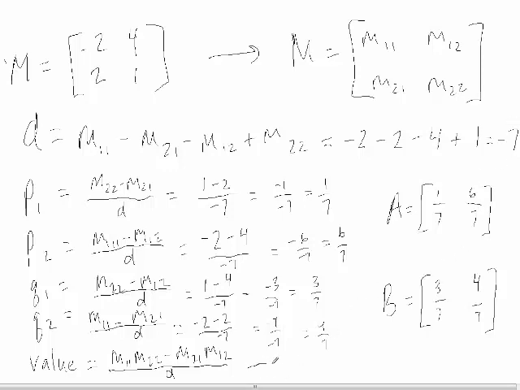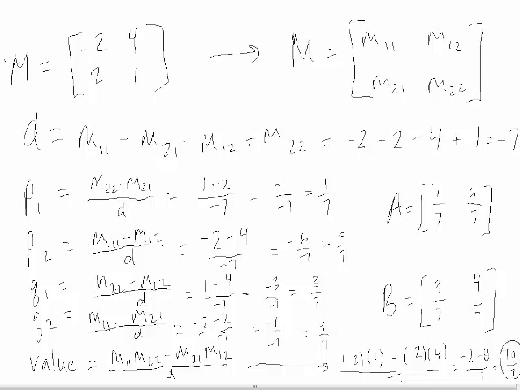And then the value of the game will be M11 times M22 minus M21 times M12 over D, which is -2 minus 8 over -7, which is 10/7.